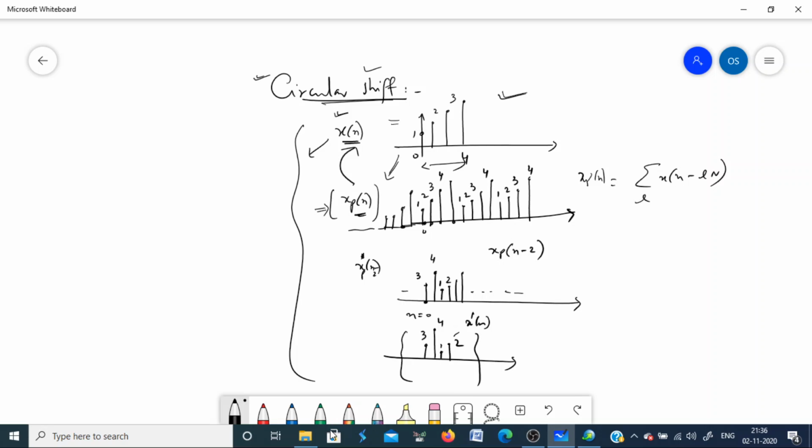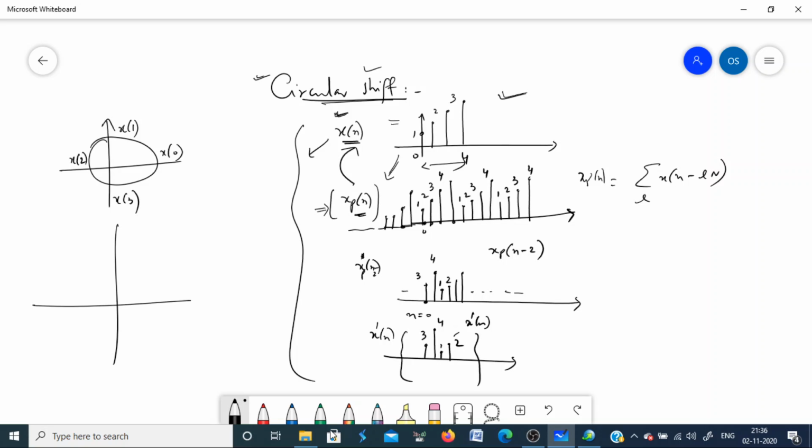And if you see in time, x[n] and x dash n are related by a circular shift. That means if I plot them on a circle, 4 points, this is x0, this is x1, this is x2, and this is x3, and then I plot x dash n, that is x dash 0, x dash 1, 2, and 3.